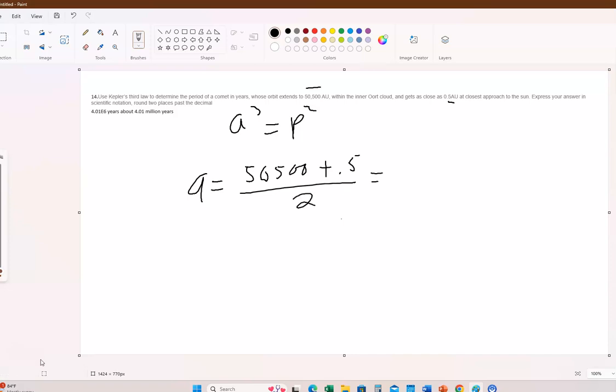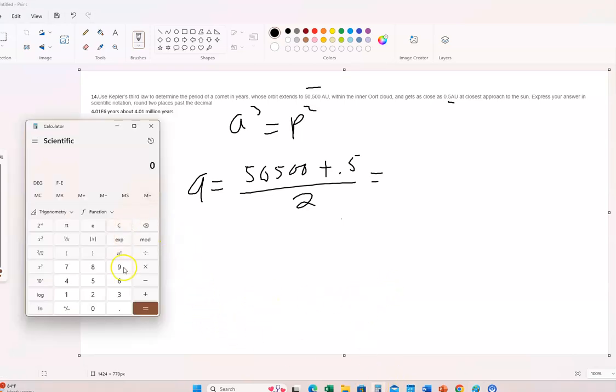All right, so let's get our calculator and do this. 50,500 plus 0.5 equals, and then divide that by 2. So that's our semi-major axis, right?